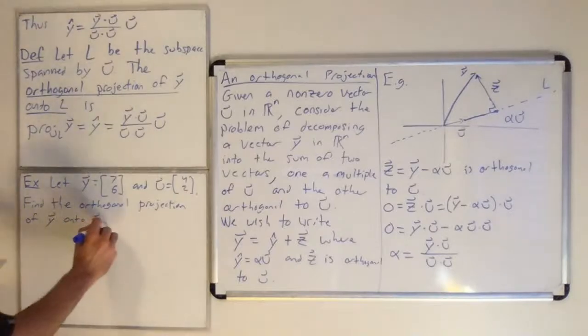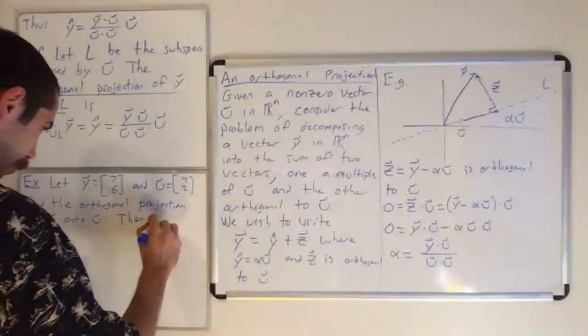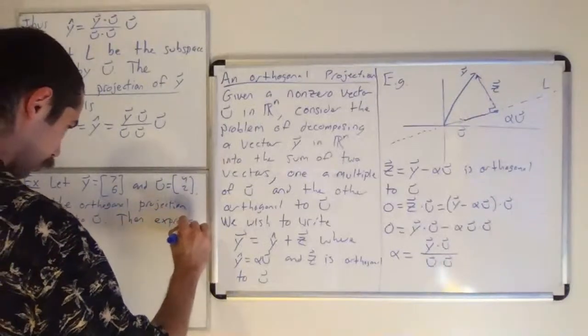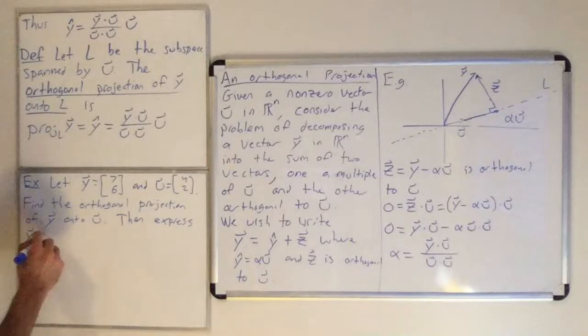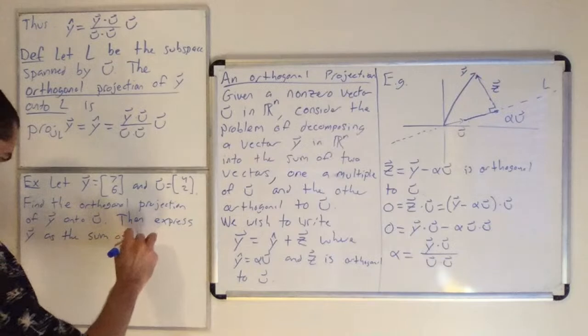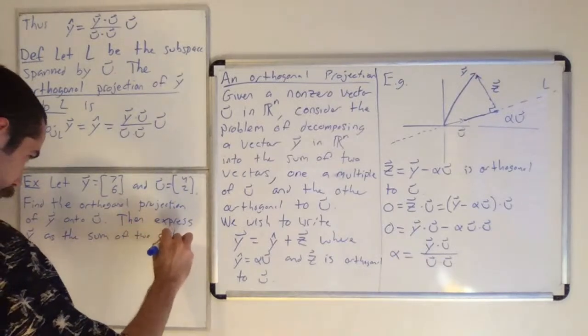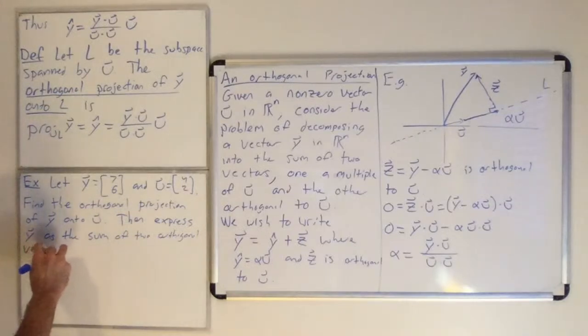So that's the first part. And then express y as the sum of two orthogonal vectors, one in the span of u, one orthogonal to u.